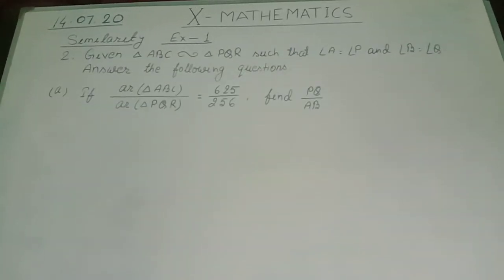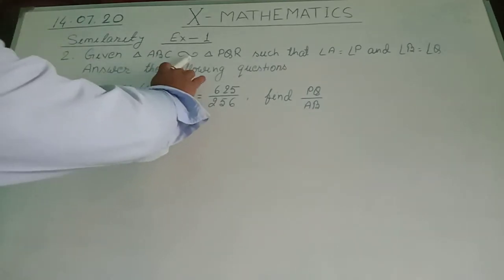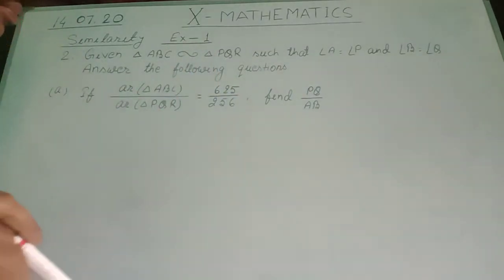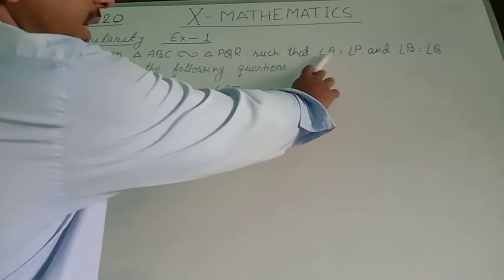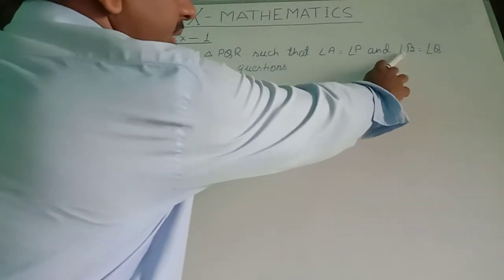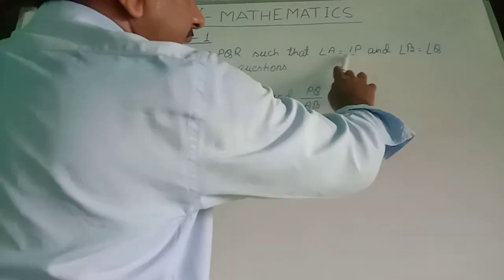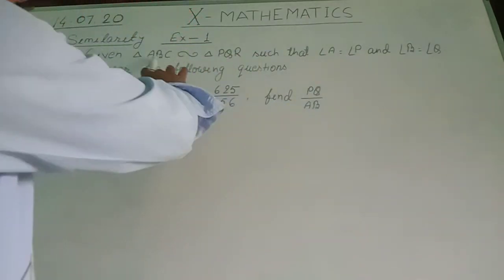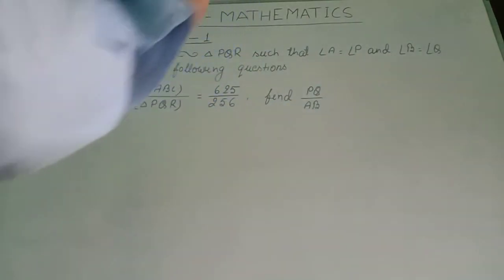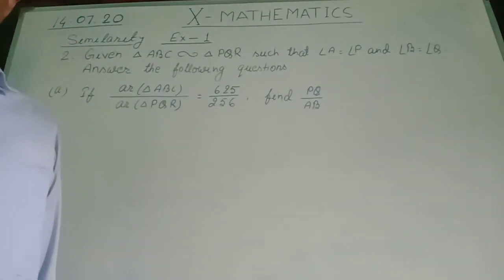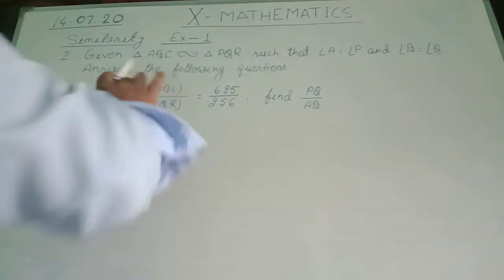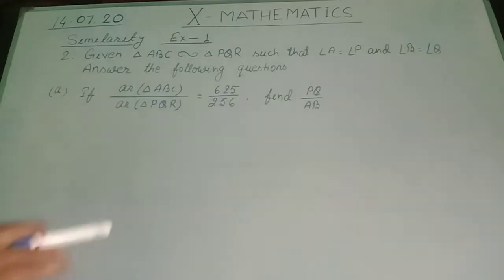In question number 2, given triangle ABC is similar to triangle PQR such that angle A equal to angle P and angle B equal to angle Q. Means two pairs of corresponding angles are equal, therefore triangle ABC is similar to triangle PQR from AA criterion of similarity. Now answer the following questions.